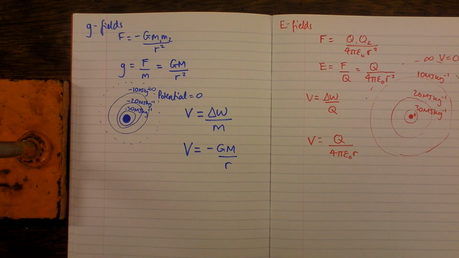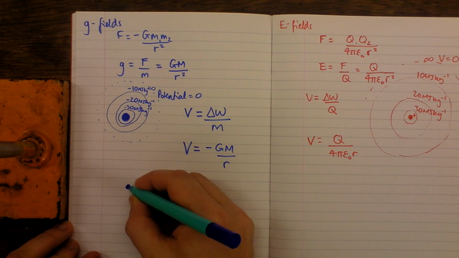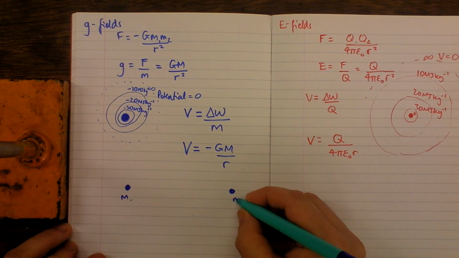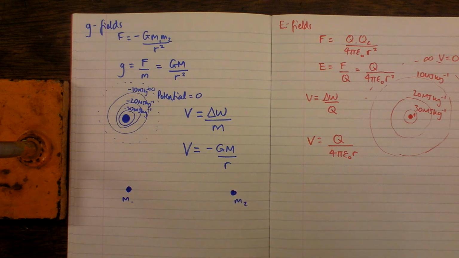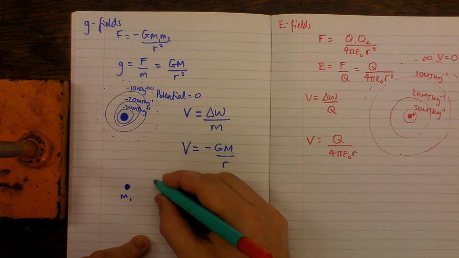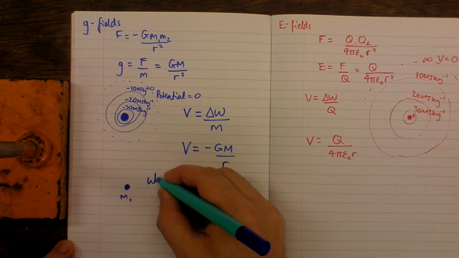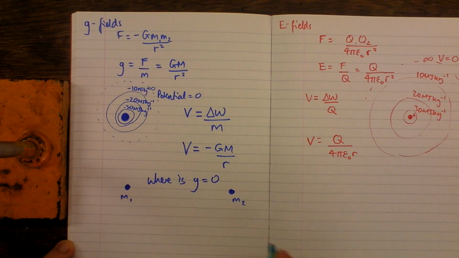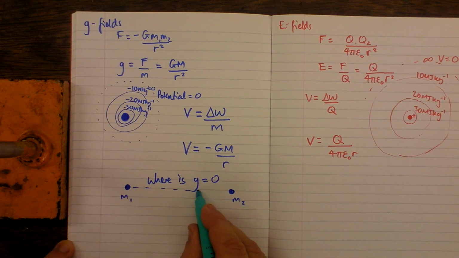Now, one common question that comes up is that they will give you two different masses, and they will ask you about something that's going on in the middle. Obviously, in between these two point masses, there's a gravitational field from each mass. One of the common questions is to ask, where is the gravitational field strength equal to 0, somewhere along this line.